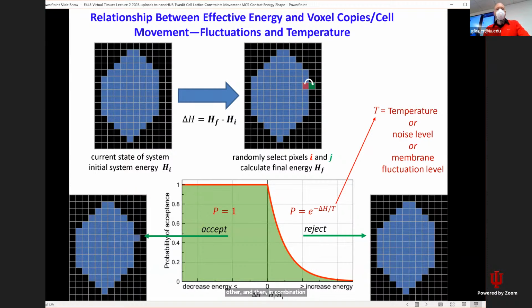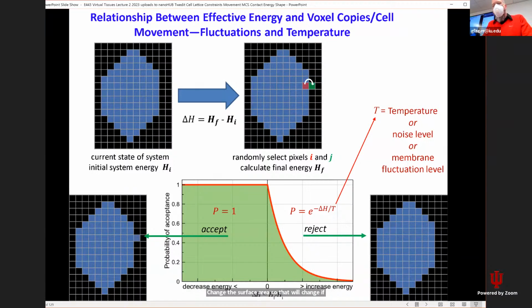When I make my update of my configuration of my cells, this effective energy will change. The volume of the cell will change. The effective energy correlated with the volume will change. The surface area of the cell will change. So there's a surface energy that will change. If there's a contact energy where cells are attached to each other, I've changed the surface area, so that will change.